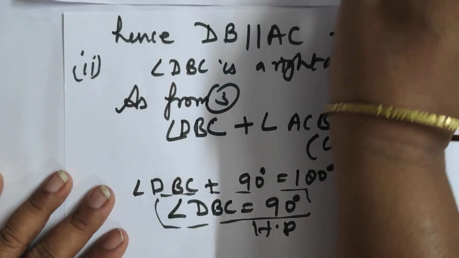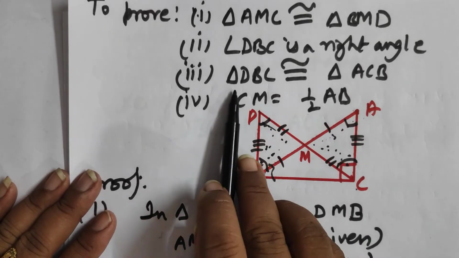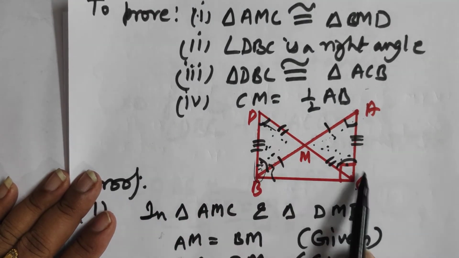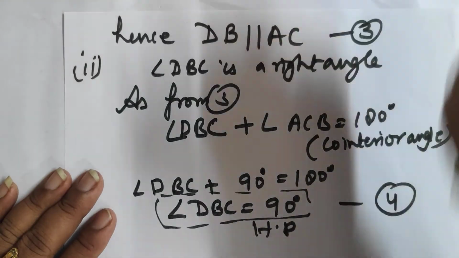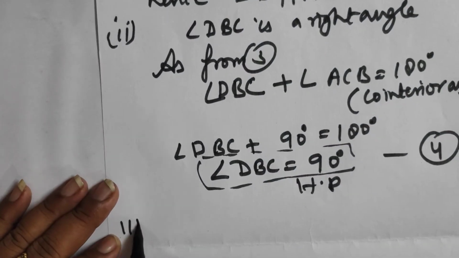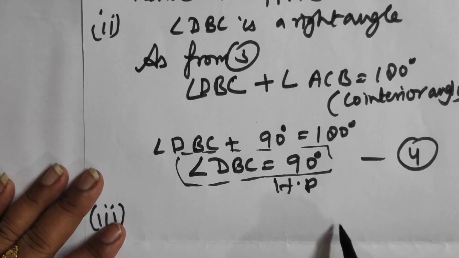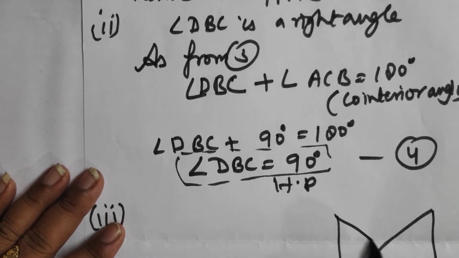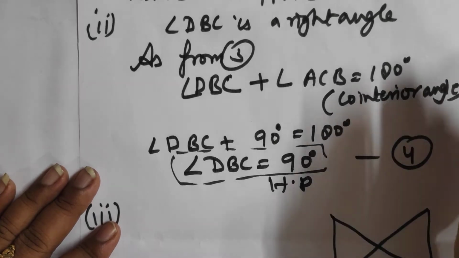Now come to the third thing that we need to prove. Triangle DBC is congruent to triangle ACB. Again I am drawing the figure for you so that it will be easy.